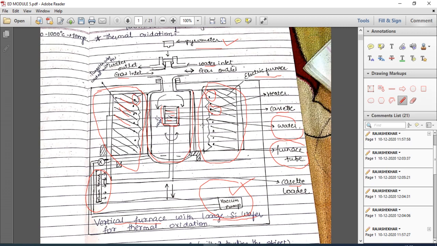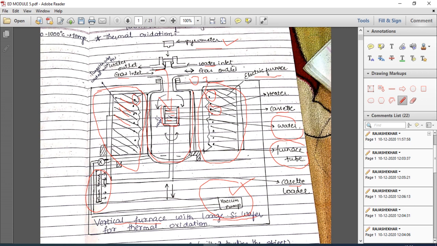Now I will explain the simple process. If I send a gas inside the furnace, which is nothing but O2, it will react with the surface of silicon and form SiO2, a silicon dioxide layer.